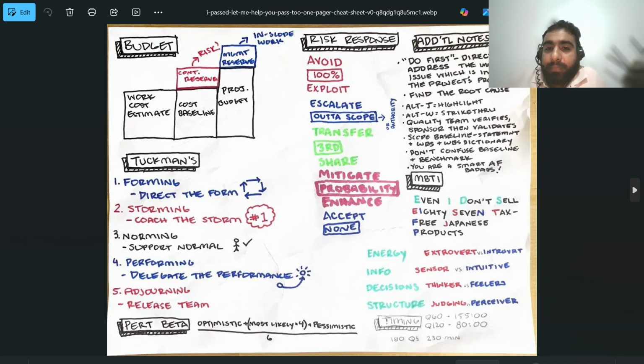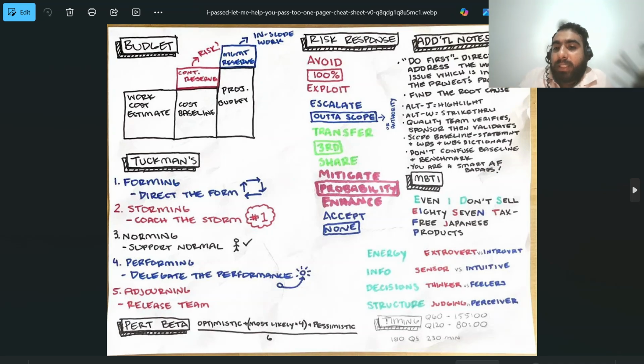MBTI, we have already learned the Myers-Briggs techniques. It says what the behavior of our team is: their energy, whether they are extrovert or introvert; their information, whether they are sensing or intuitive; whether they are thinker or feeler; whether they are structured, judge or perceive.